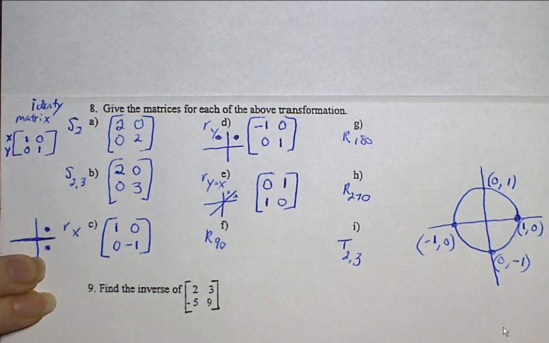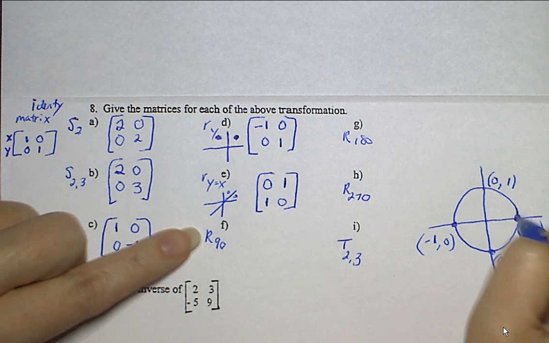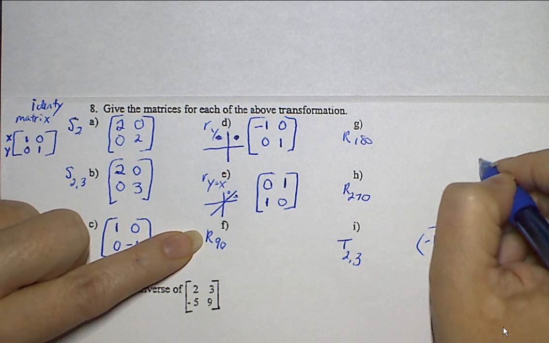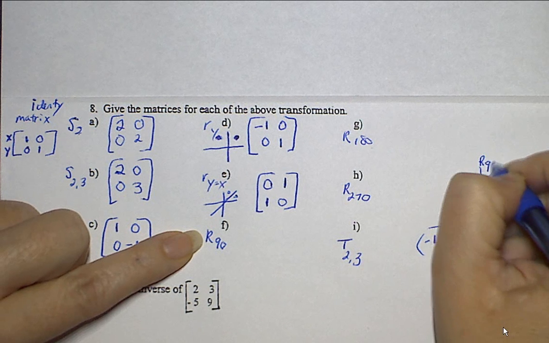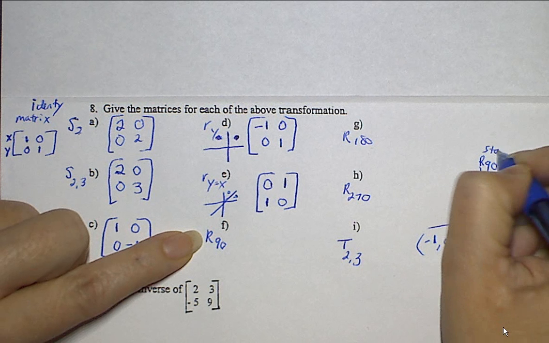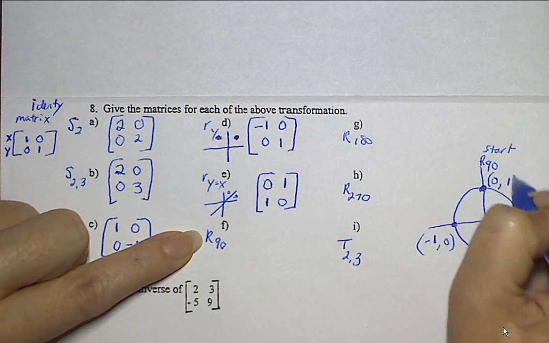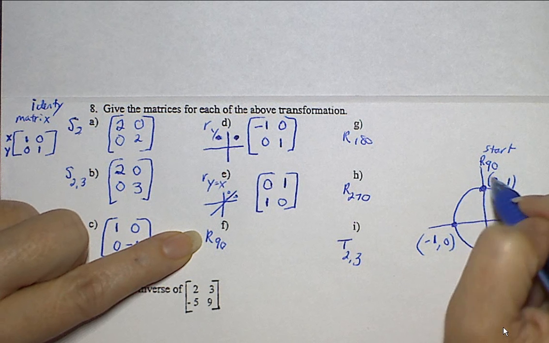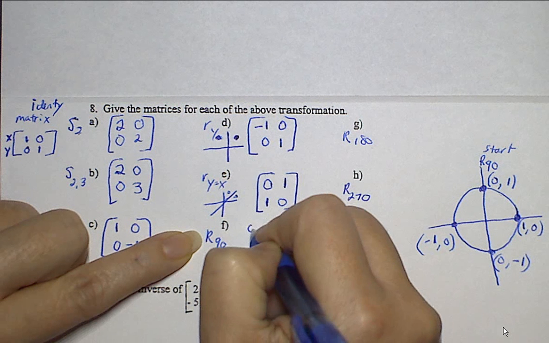Alright, so remember when you do rotation of 90, you always go to the 90 spot. So this is your first one of your 90. Right, so rotation of 90 starts here. And then you take this point and you insert it into your matrix, so you have 0 and then 1.